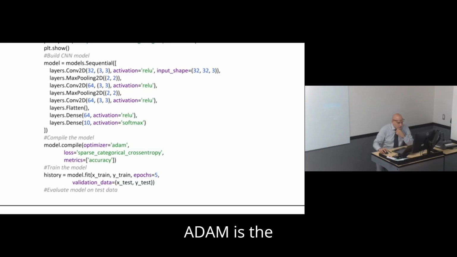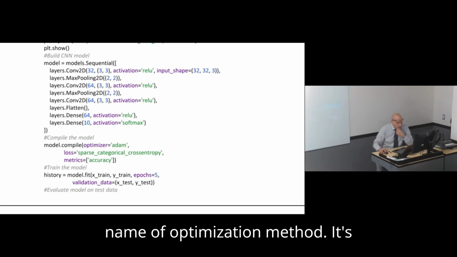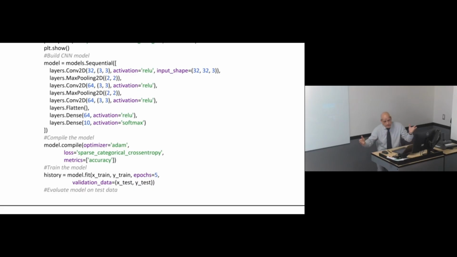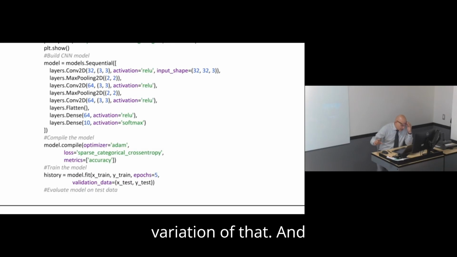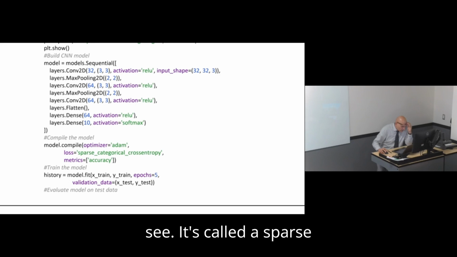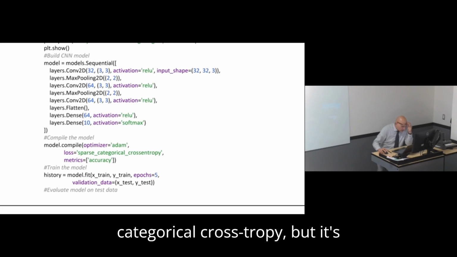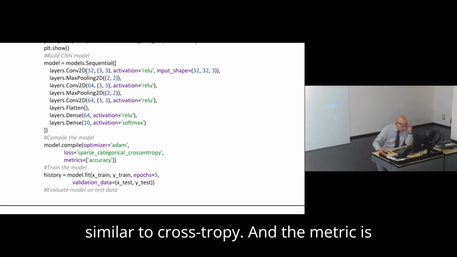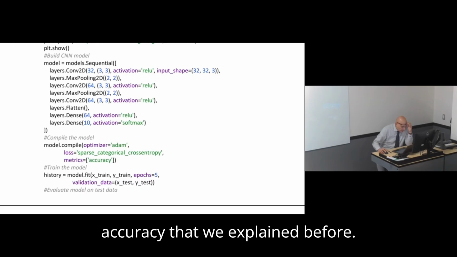Adam is the name of an optimization method. It's like gradient descent, a variation of that. And the last function is cross-entropy, as we can see. It's called sparse categorical cross-entropy, but it's similar to cross-entropy. And the metric is accuracy that we explained before.